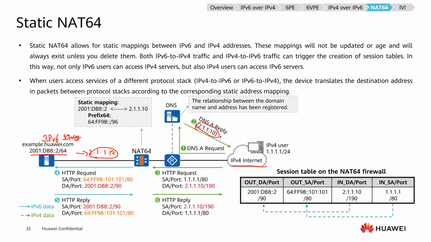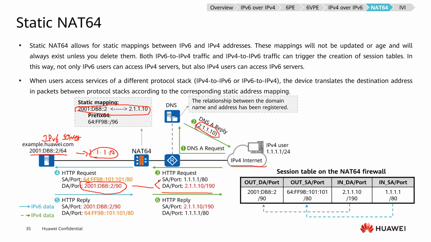This has been advertised to the whole internet, because it's a server, and so it will just encapsulate its IPv4 packet just like this. And when the NAT64 receives this packet, it will change the destination address to the mapped server IP address just like this, because it's just our server.